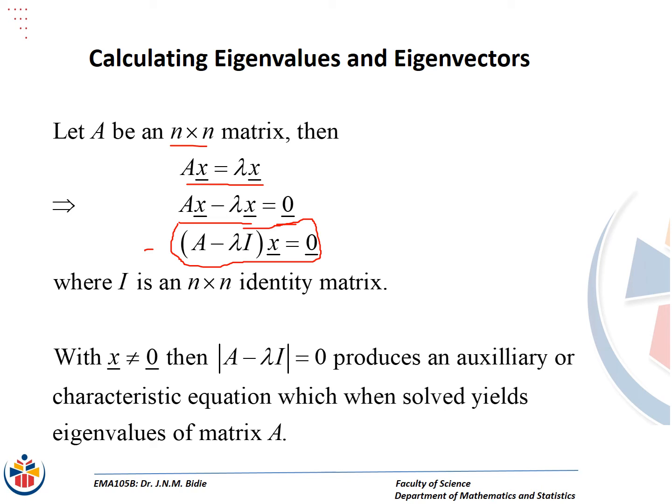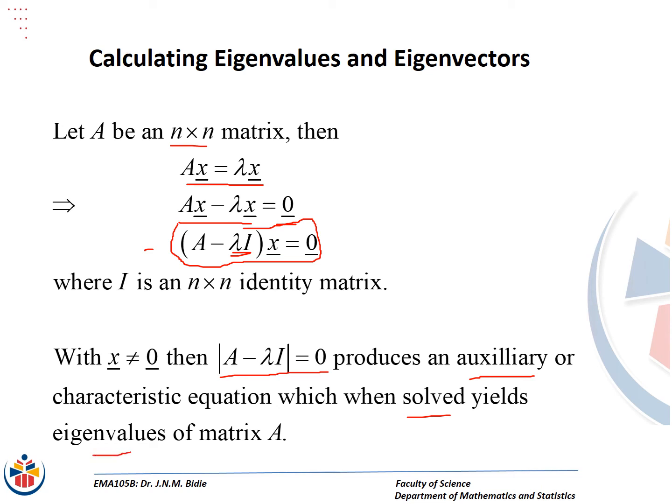Now note that in order for this equation to hold, we must know the values of the eigenvalues. But then how do we calculate the eigenvalues? We take the determinant of A minus lambda I and equate it to 0. In that we get the characteristic equation, which we also call the auxiliary equation. And when we solve it, we get the eigenvalues.